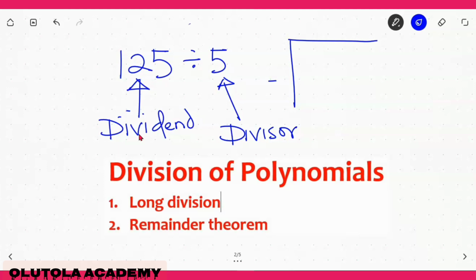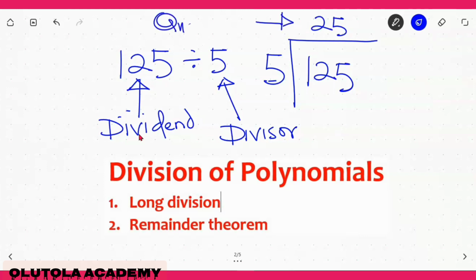So when I divide 125, I put it in here. If I divide it by 5, what I have is 25, and 25 we call the quotient. Then whatever remains, in this case 0, we call the remainder.